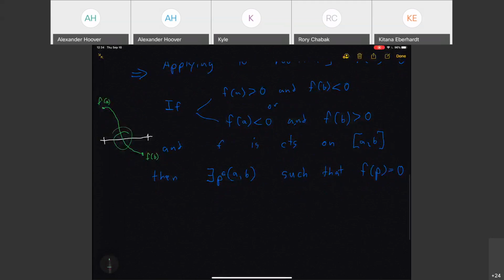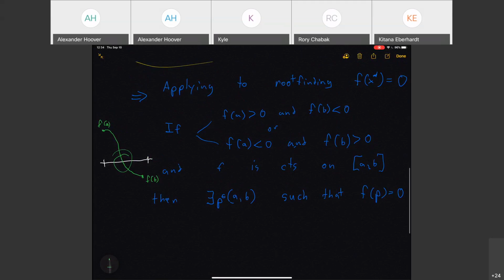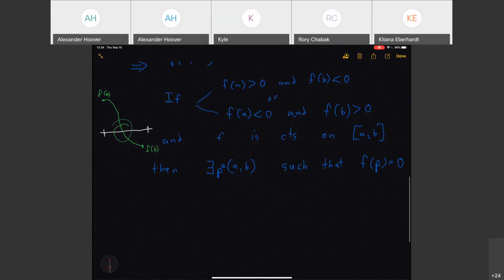This is Calc 1 type stuff, but it's good to remind ourselves. A convenient thing to keep in mind throughout this is that f of a in this situation and f of b will be less than 0. It will be a negative number.